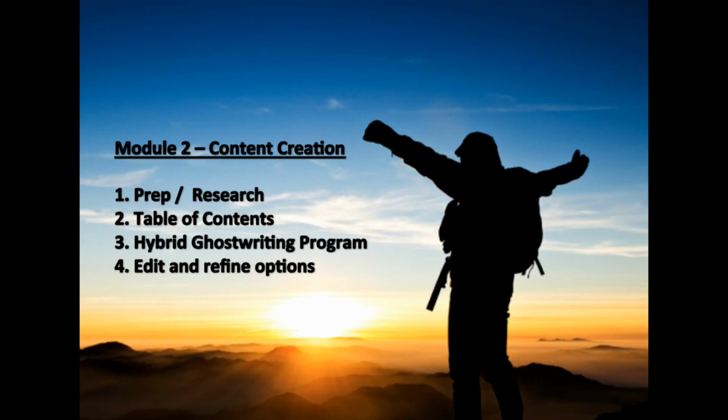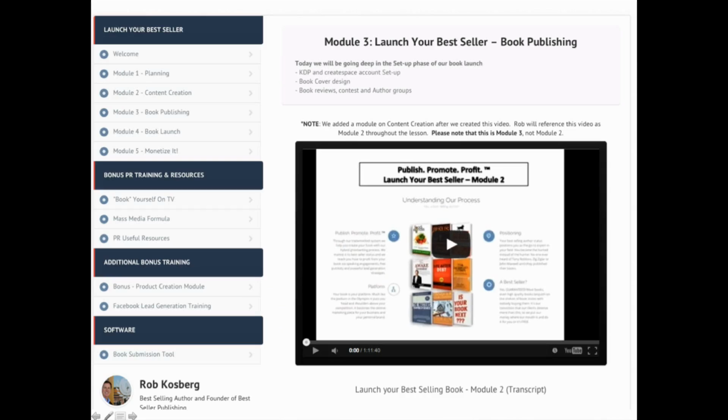Let me go to our members area. As you can see, we have welcome, and then of course modules 1, 2, 3, 4, and 5. As I said, we actually added the content creation module afterwards. So what you're going to see is module 3, the video itself actually calls it module 2, but don't worry about that. It is on book publishing, and as you can see, we have a ton of content from formatting your book, setting up the free promotion, and then all of the resources that you'll need for it.